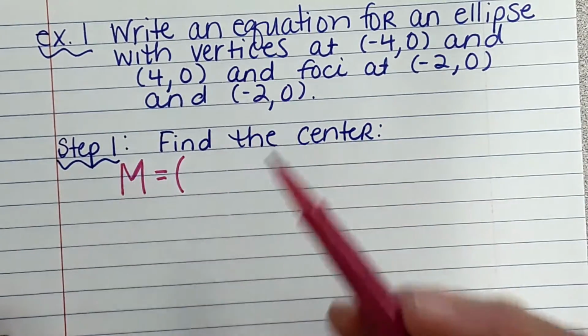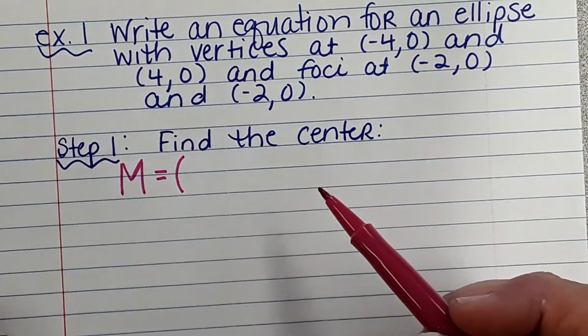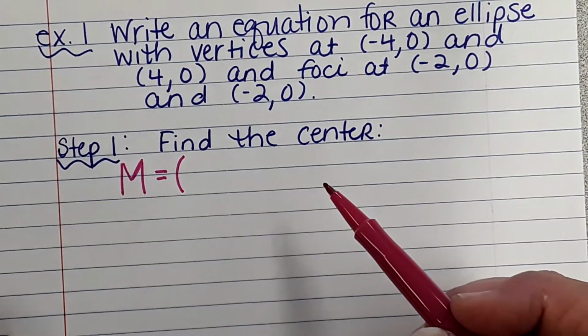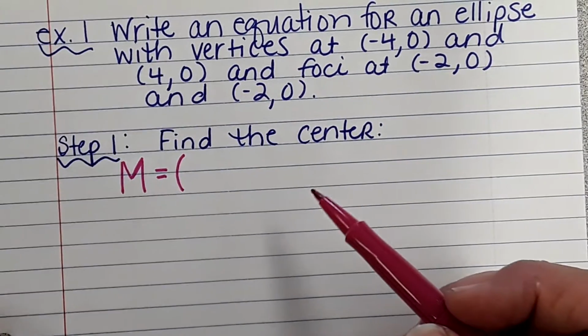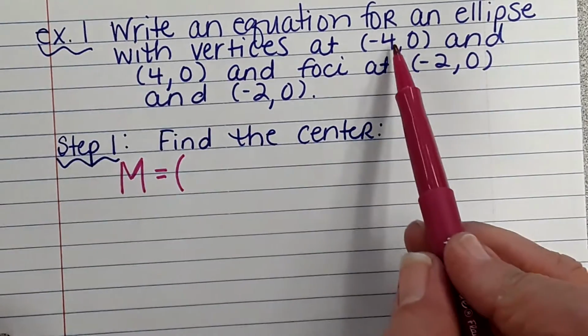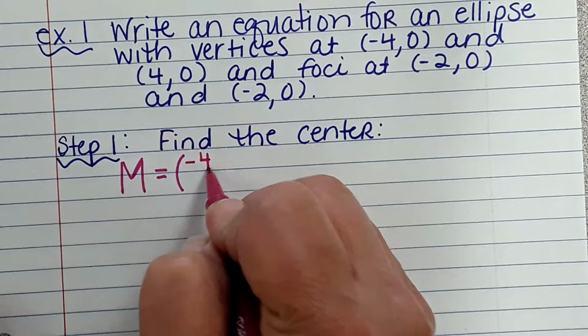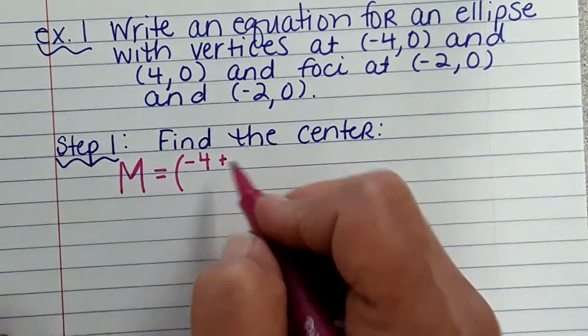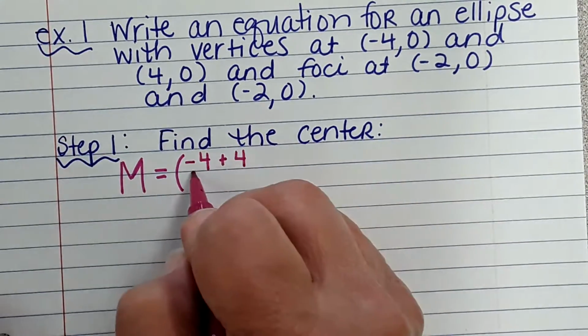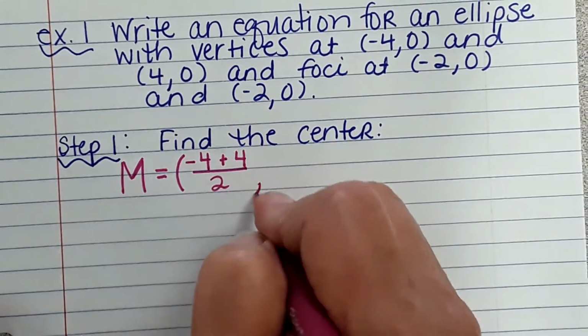So to find the midpoint, we add the x's and divide by 2. What is my x1 value? My x1 value is -4. What is my x2 value? 4. And then we're going to divide by 2.